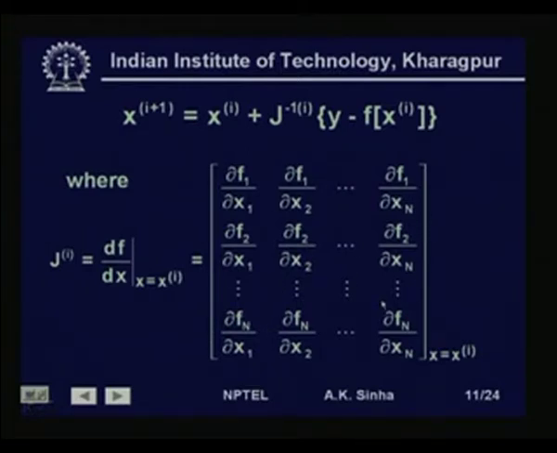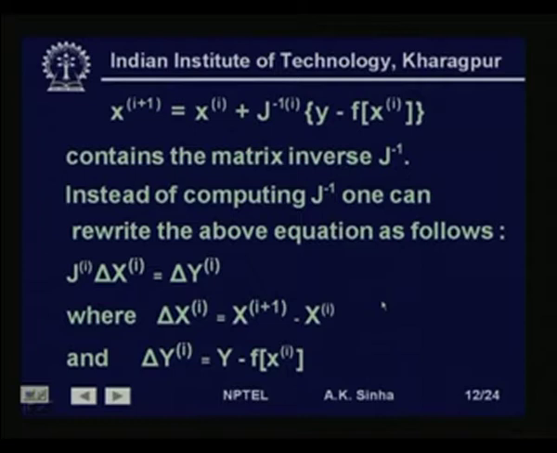Now, this matrix is a large matrix. For a large system, it will be an even much larger matrix. As we see here, we need an inverse, and finding the inverse of a very large matrix is a very time consuming process.